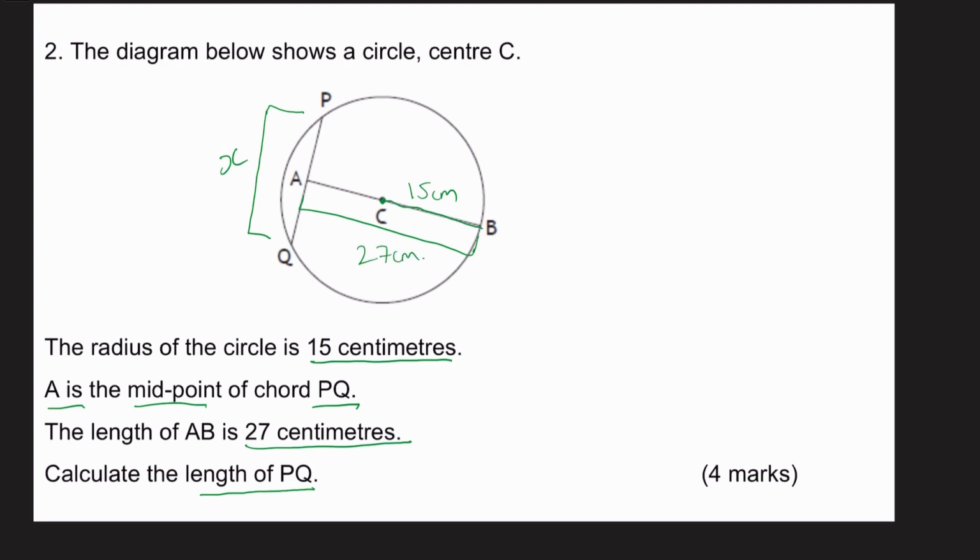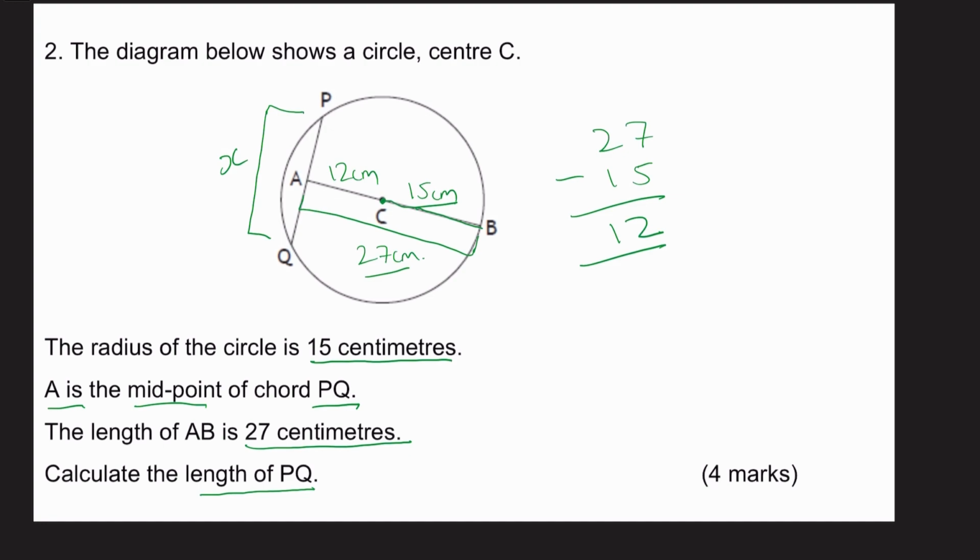So if this is 15 and this is 27, then this part here has to be 27 minus 15, which equals 12. So this part here has to be 12 centimeters.